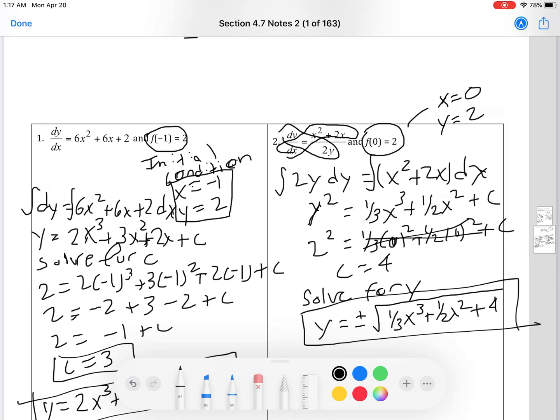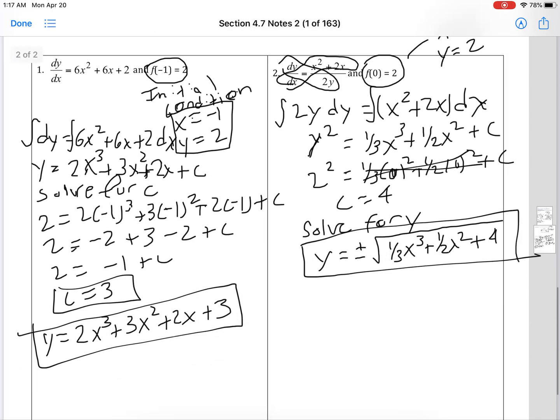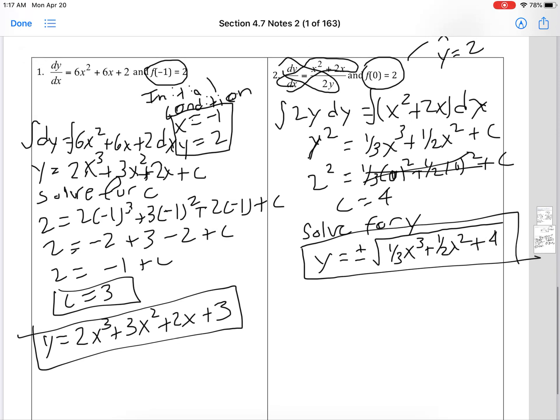So let's look at the easy versus hard example side by side. Our easier ones are already going to be very close to having that separation of variables. If they're not, it's just a polynomial, no fraction, a straight shot with a power rule antiderivative on both sides. And what's also nice about number 1 is that y is already solved for after you integrate.